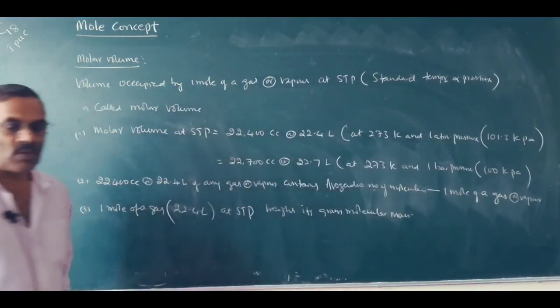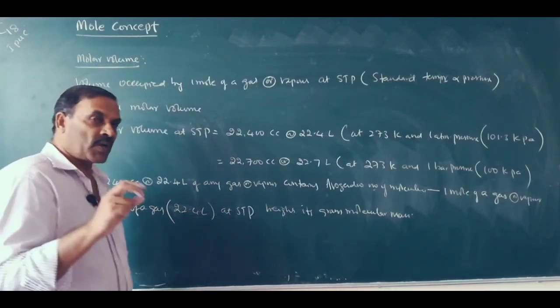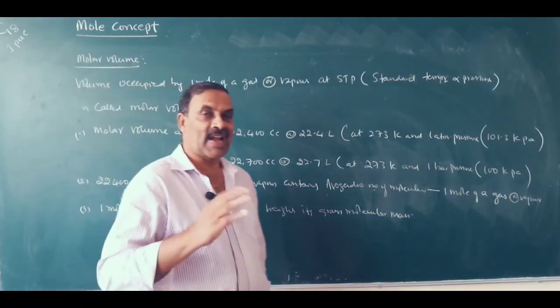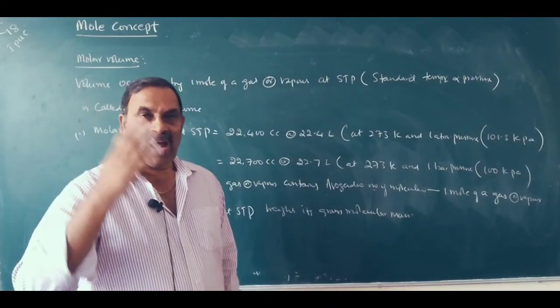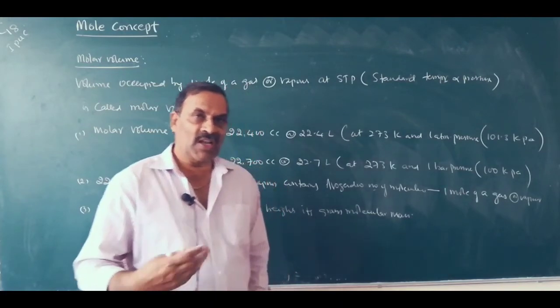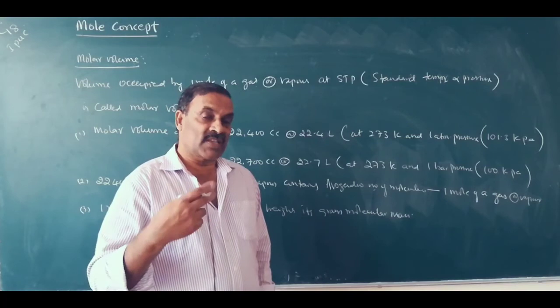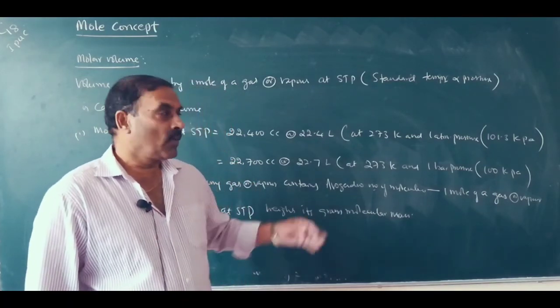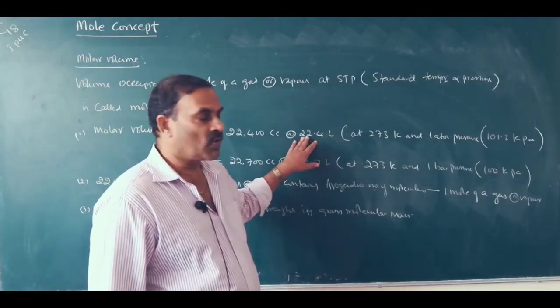So what is molar volume? The volume occupied by 1 mole of a gas at STP is called molar volume, and its value equals 22.4 liters at STP, also 22.7 liters at STP. When the pressure is 1 atmosphere, its value is 22.4 liters.